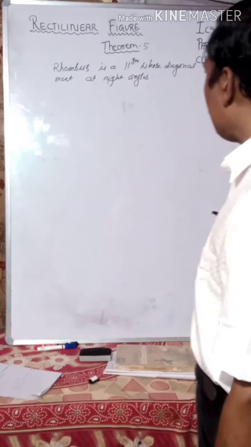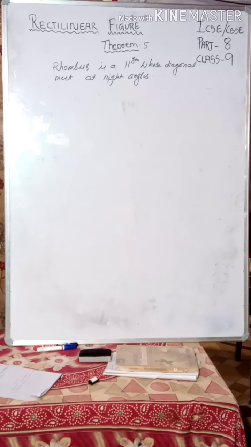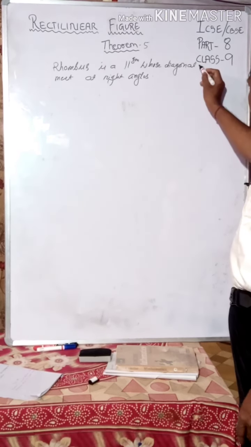This much. Rhombus is a parallelogram whose diagonals meet at right angles.